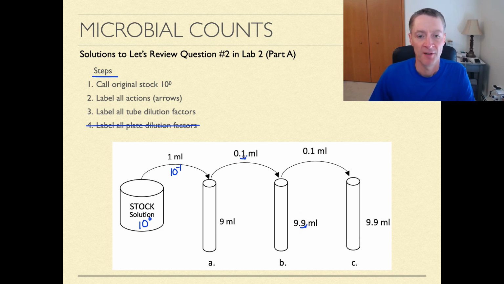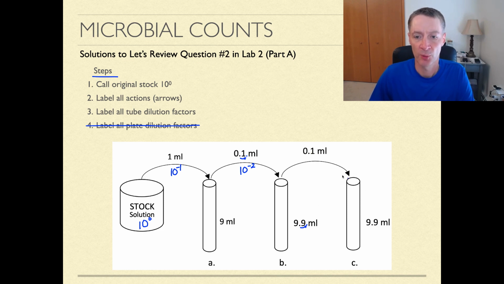Effectively here, we're doing a 1 to 100 dilution. 1 over 100, that's the same as 10 to the negative 2. So this action is 10 to the negative 2. We've diluted it more by the fact that we are taking less solution and adding it to more in this tube.